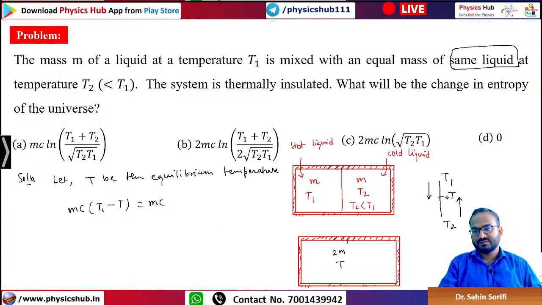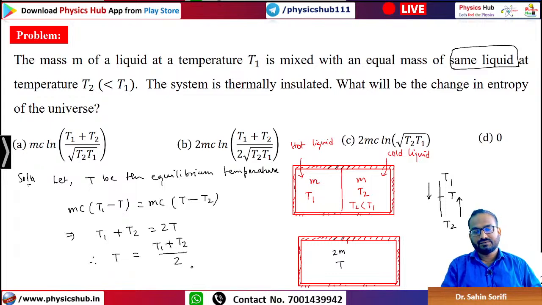T is more than T2, so this will be T minus T2. Is it clear? So mc is getting cancelled. T1 plus T2 equals 2T. That means T equals (T1 plus T2) divided by 2.